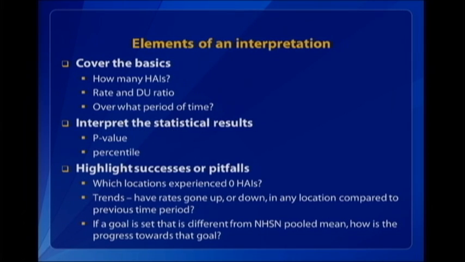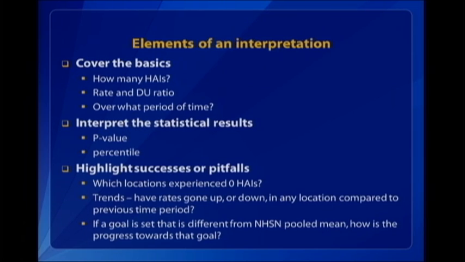How many HAIs? What's our rate and device utilization ratio in this case? Over what period of time? That's something NHSN gives you. You look at the period of time, and we give you this information. You can interpret the statistical results, such as the p-value and the percentile. Those aid in your interpretation.